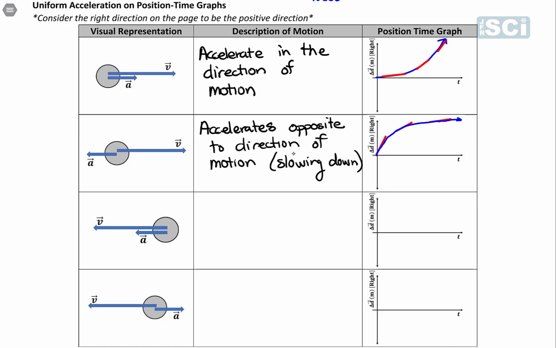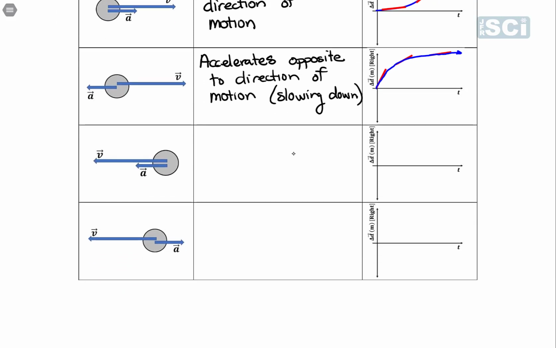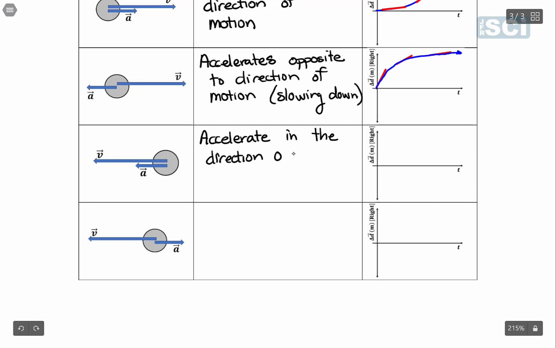Now let's flip the whole situation. Let's say that the velocity is in the negative direction, and the acceleration is in the negative direction, which means the object accelerates in the direction of motion, in this case, negative. Okay, so it's moving to the left.